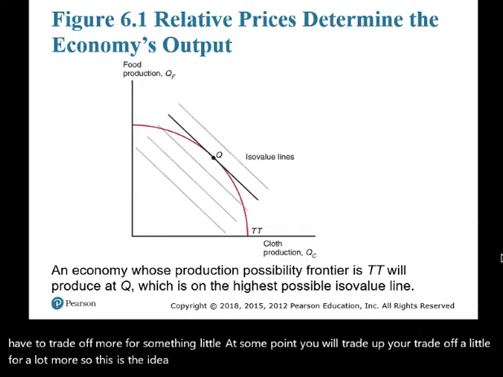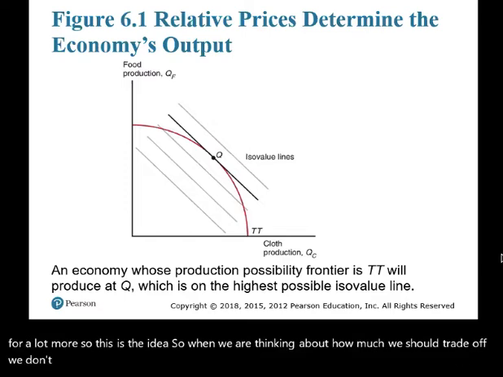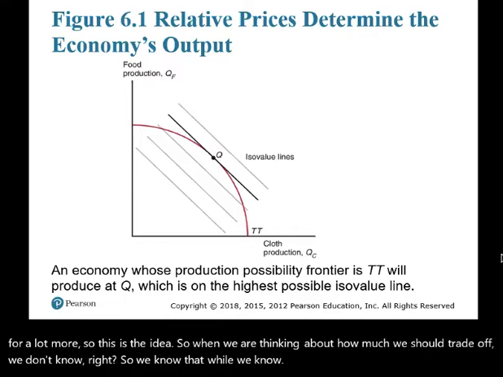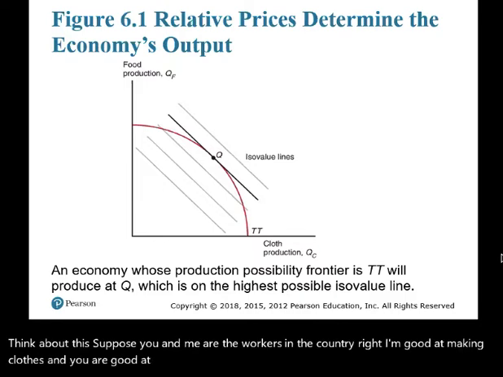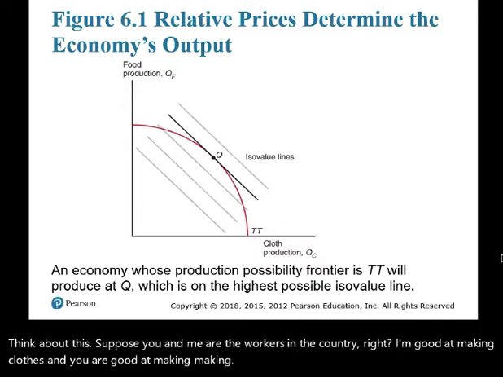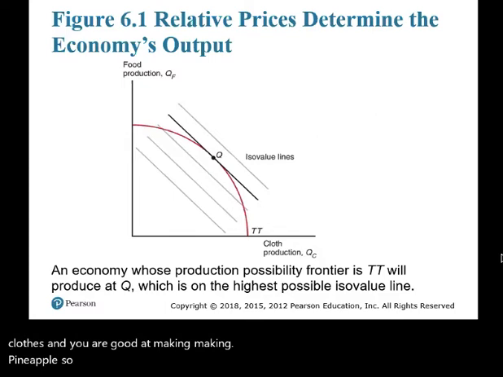So when we are thinking about how much we should trade off, we don't know, right? Suppose you and I are the workers in the country. I'm good at making clothes, and you are good at making pineapple. So you grow pineapple, I make clothes.